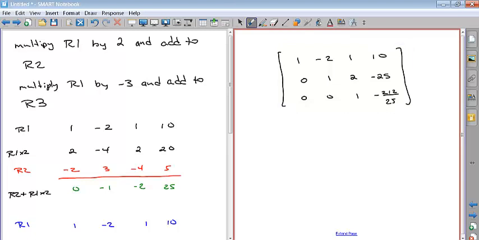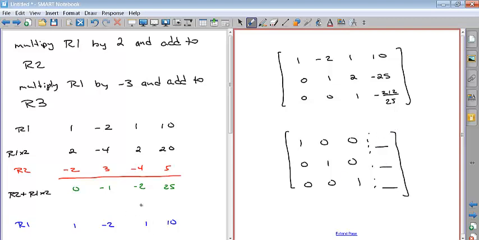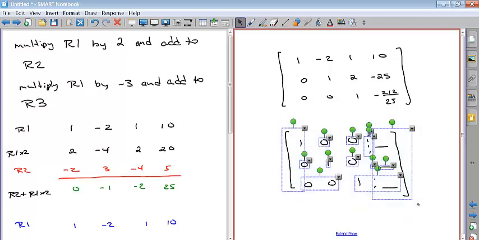And the idea for Gauss-Jordan elimination is that you want to come down to this result. And then your Z answer is here, your Y answer is there, and your X answer is there. So it's essentially doing back substitution just like we did, but it's doing it in matrix form instead of in equation form. So that's the idea.